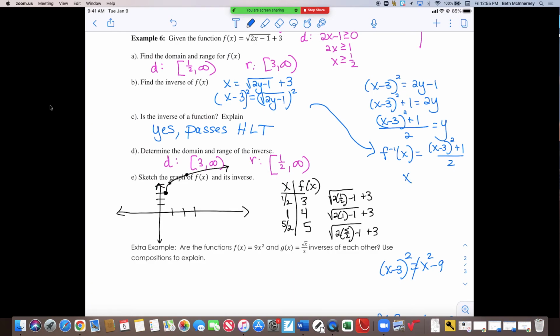Then guess what? Now I did the hard work already. To do the inverse, I'm going to switch those. So I'm going to go 3 1/2, 4 1, 5 is 2 1/2.